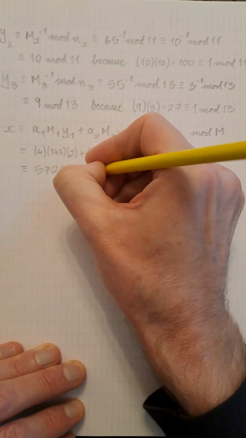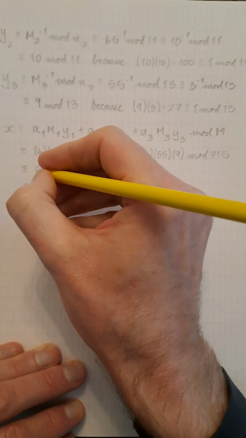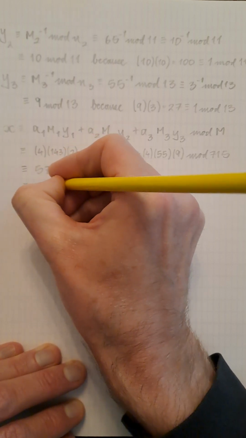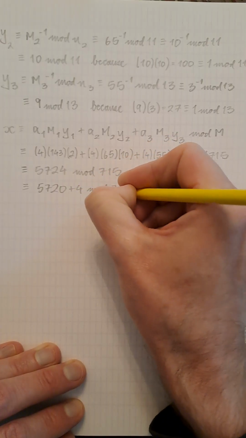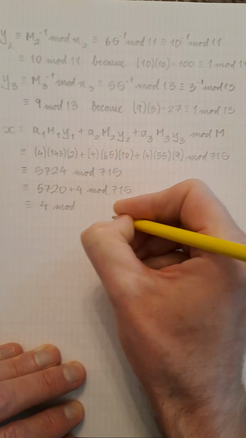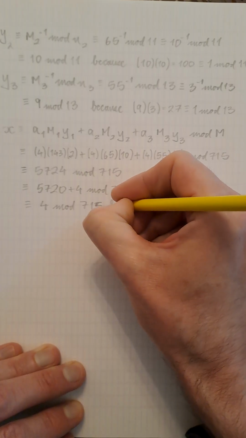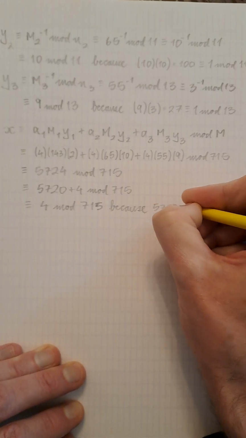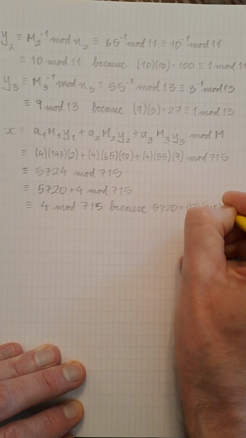When we calculate, we get 5,724 mod 715, but 5,724, well, that's 5,720 plus 4 mod 715, and that's congruent to 4 mod 715, because 5,720 is 8 times 715.